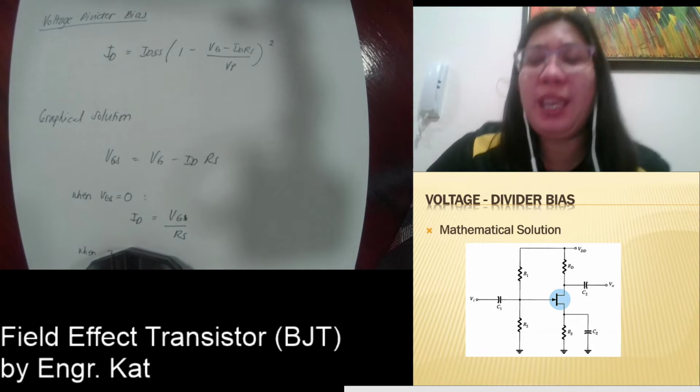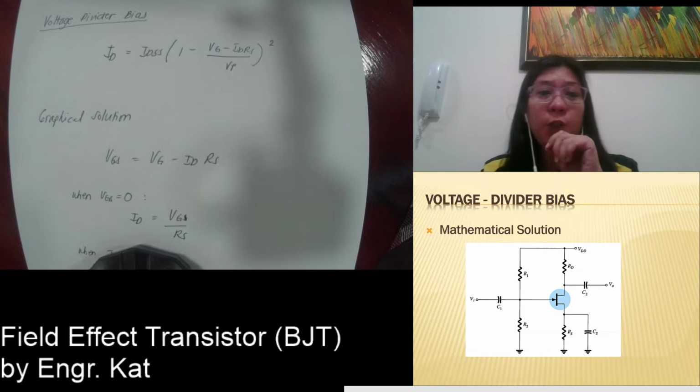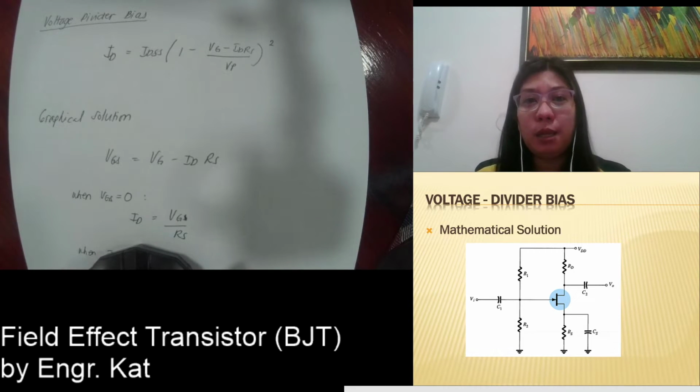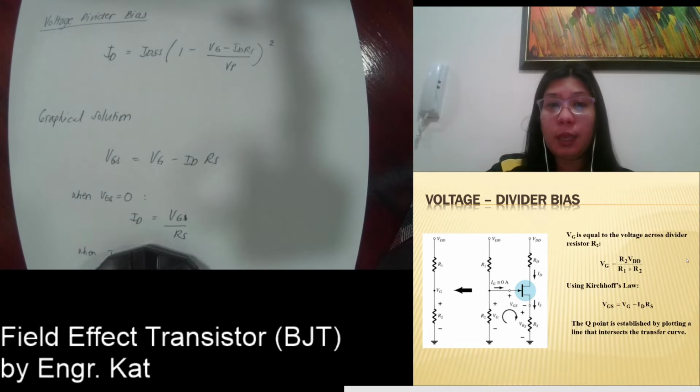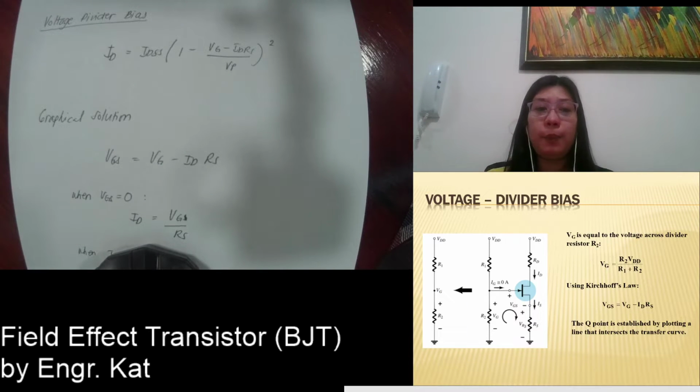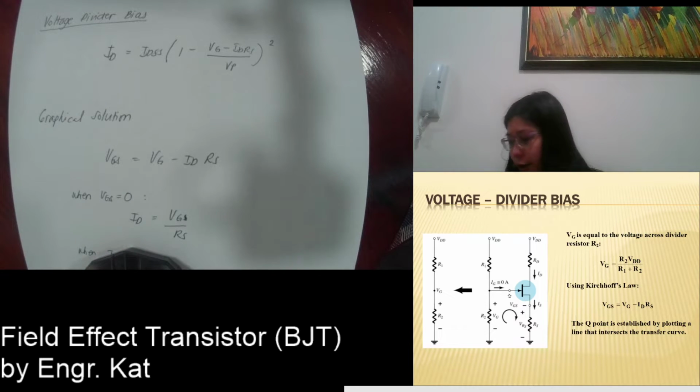So for the voltage divider bias, I will be showing you the mathematical solution and later on the graphical solution. In here, we will be placing a value for VG since we said that IG is equal to 0.